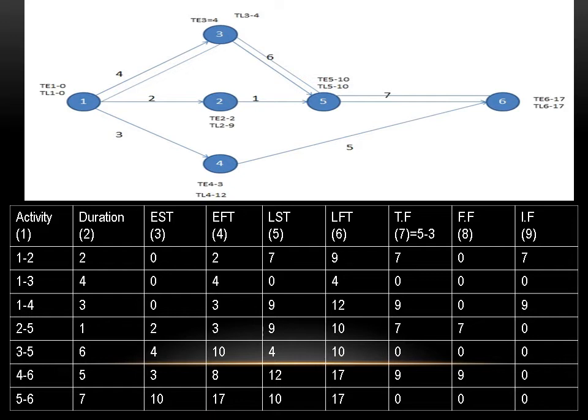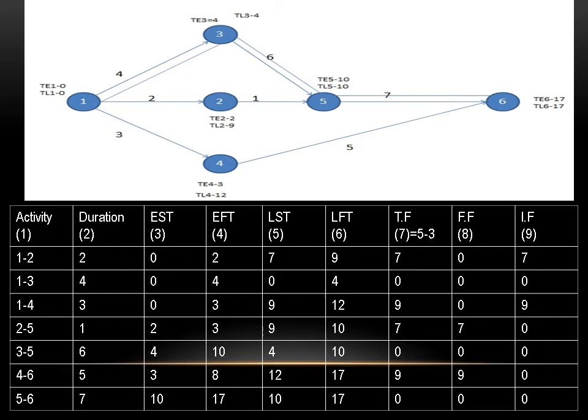For LFT, we have to see at what time the event has ended. So which one will you see in the activity? 1 to 2, 2 has ended in 9. 1 to 3, 3 has ended in 4. 1 to 4, 4 has ended in 12. That is TL in every node.